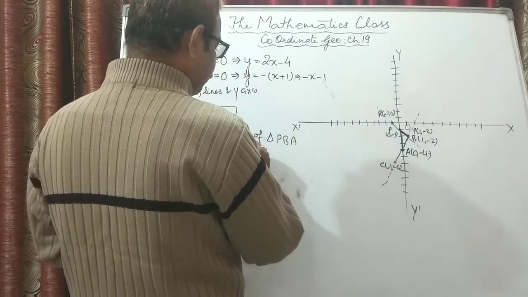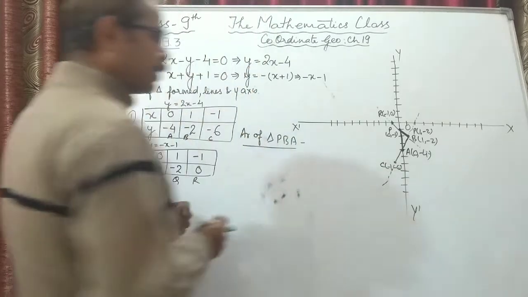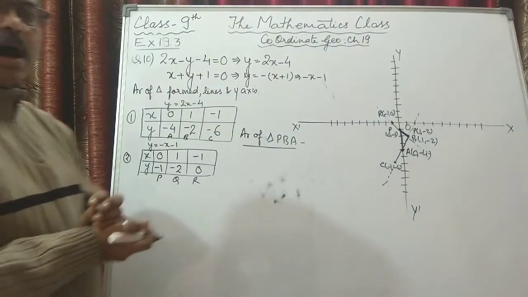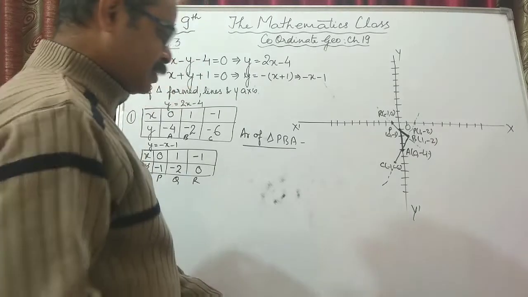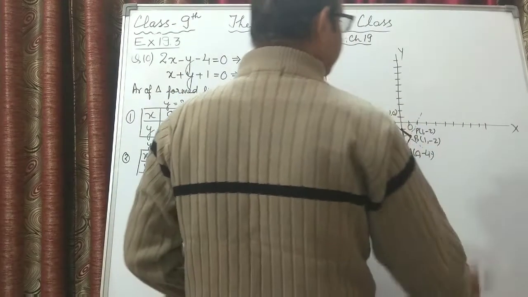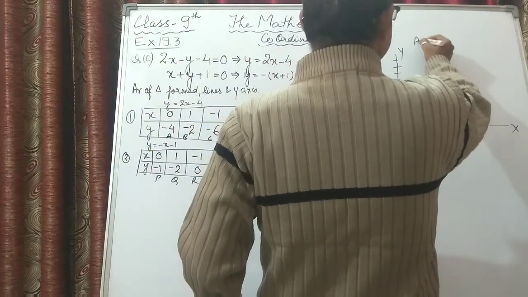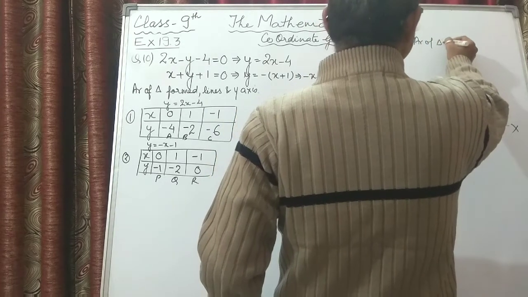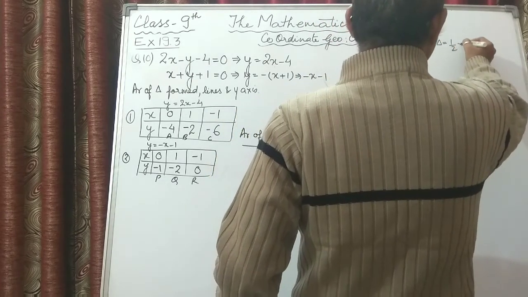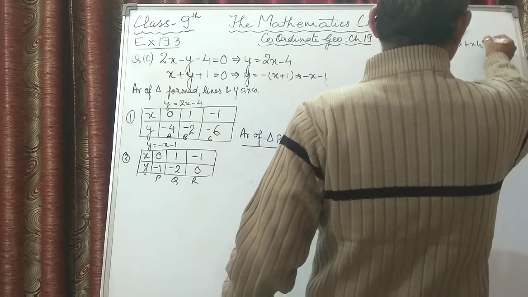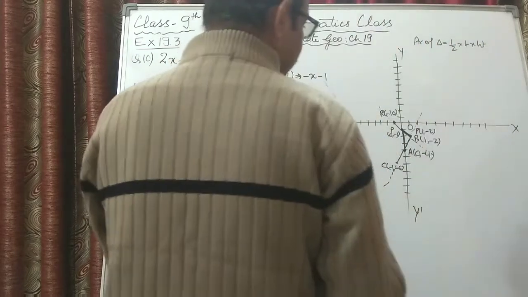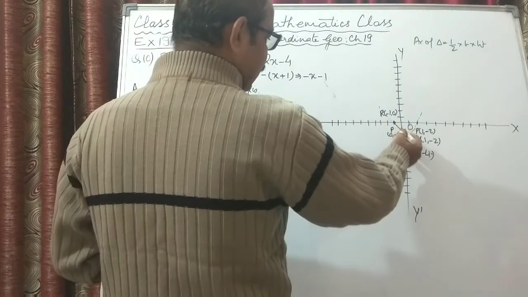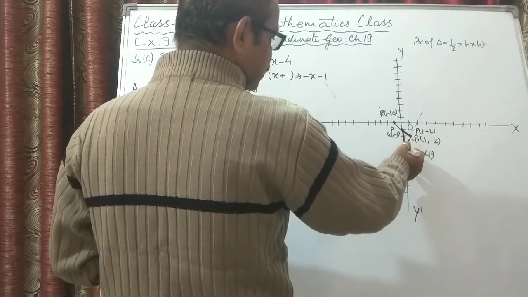We know that the area of any triangle can be written as half into base into height. This is the main thing. Now the base will be PA. PA is the base.